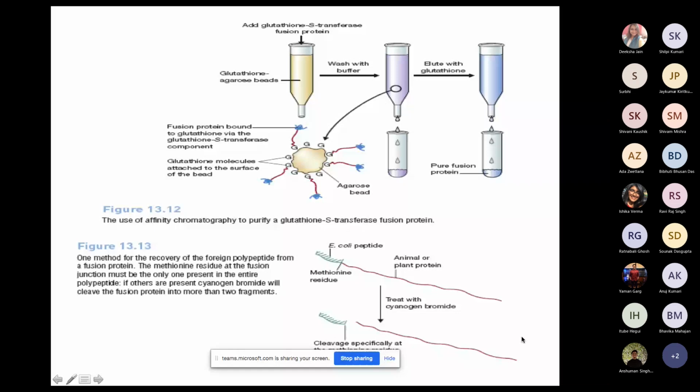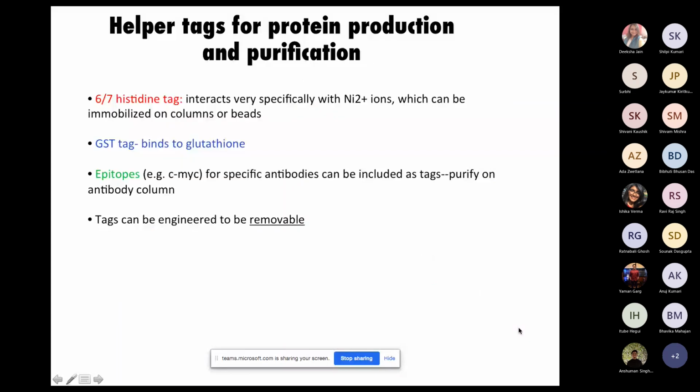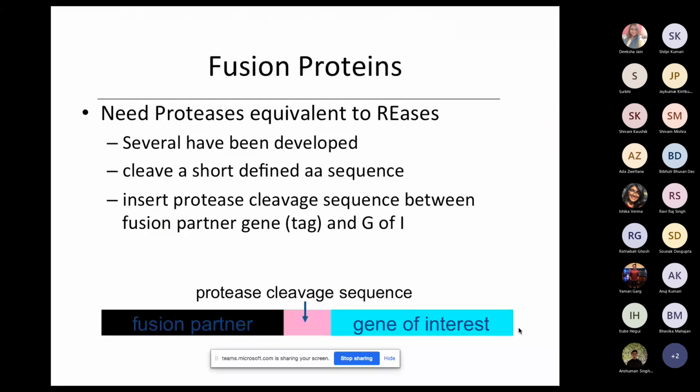But in many cases, you cannot use it because there are chances that methionine can also be present in the body of the protein. So in those cases, you add a protease cleavage sequence between your fusion tag and your gene of interest.